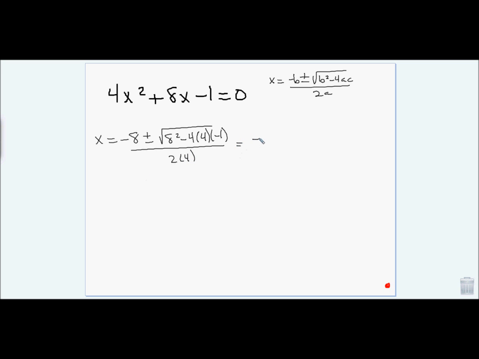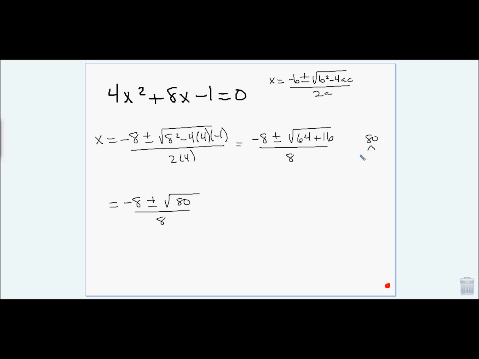So that equals negative 8 plus or minus the square root of 64 plus 16 over 8. So that's negative 8 plus or minus the square root of 80 over 8.